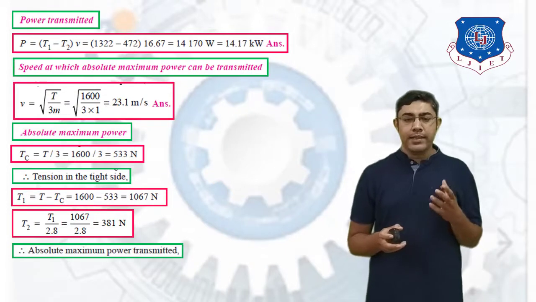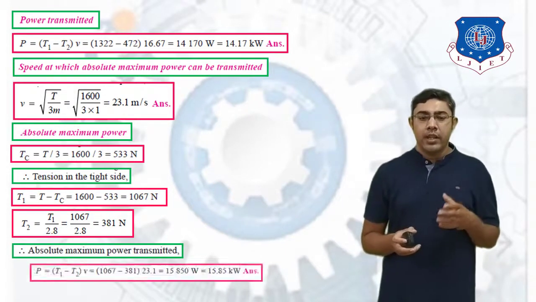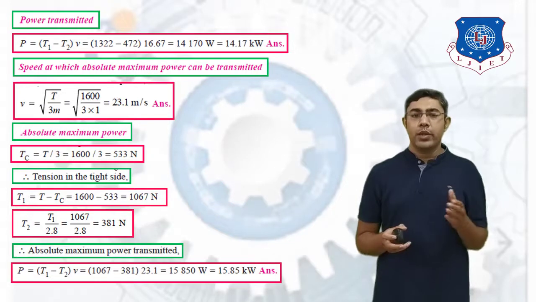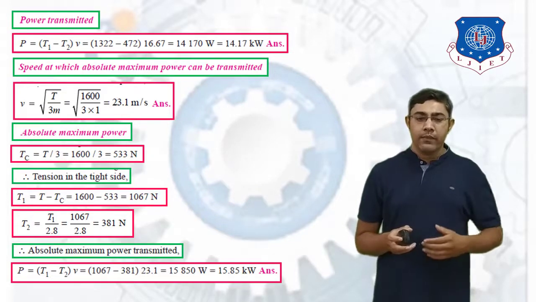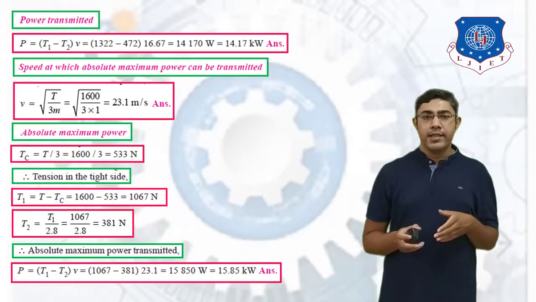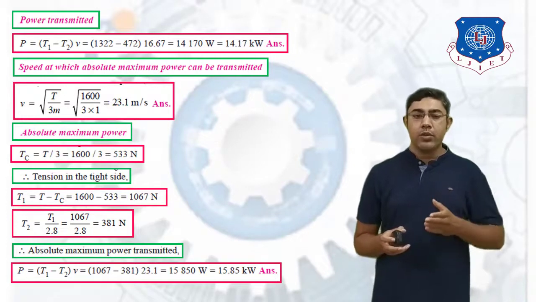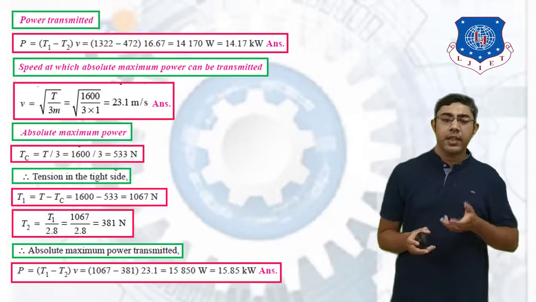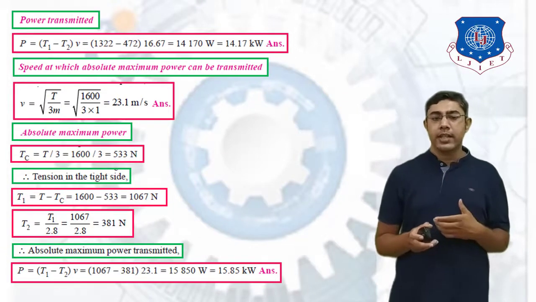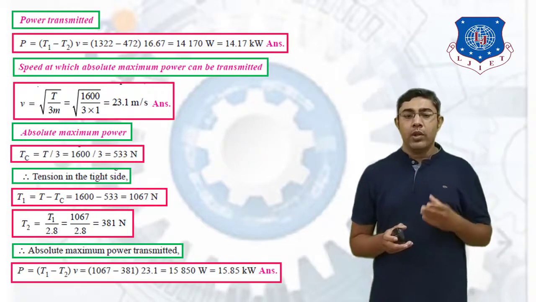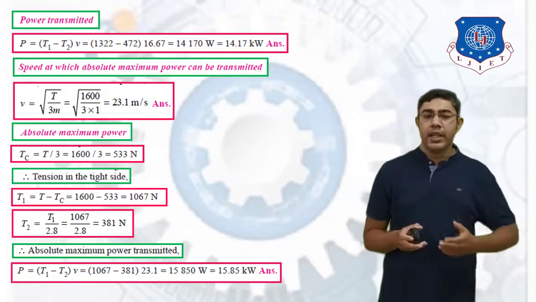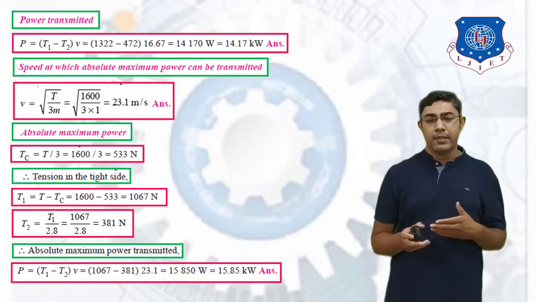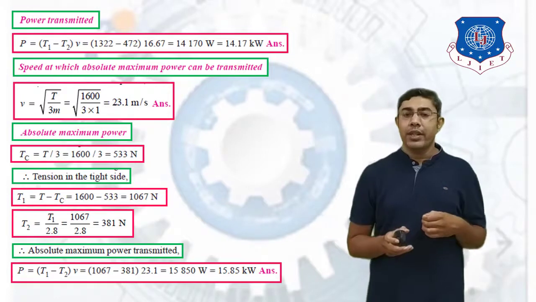So absolute maximum power transmitted is P is equal to T1 minus T2 into V. Here T1 we consider 1067 and T2 we consider 381, according to the maximum power transmission condition. And also we consider the velocity at which the maximum power can be transmitted, that is 23.1.